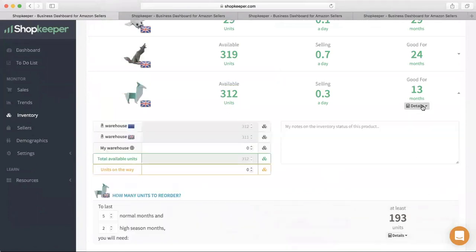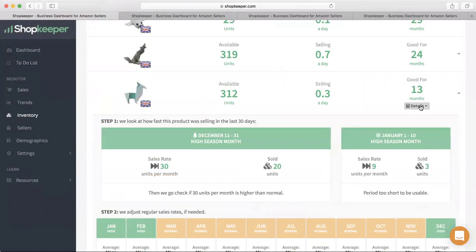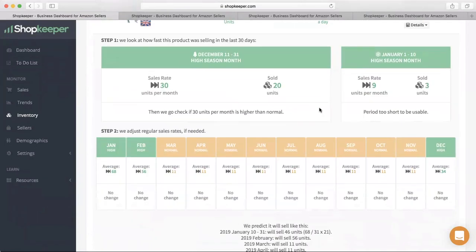If you don't trust this number, good for 13 months, you can click on the details and see how exactly each month was calculated. It's saying that your normal months, the yellow ones, average 11 units are going to be sold. And in the high season months, it's giving higher numbers that it's estimated.